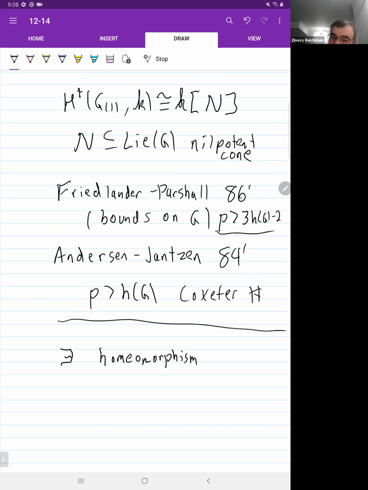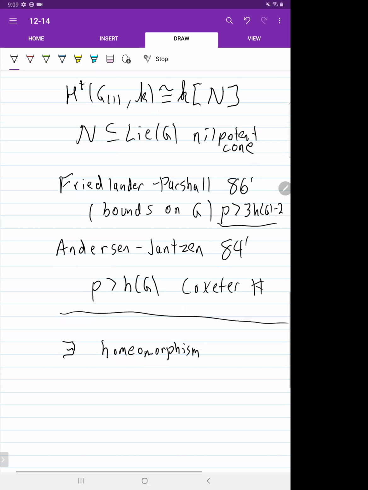It depends on the group, I think, too. It's like 3h minus 2, and then obviously Andersen and Jantzen improved it. The publication dates are sort of out of chronological order.